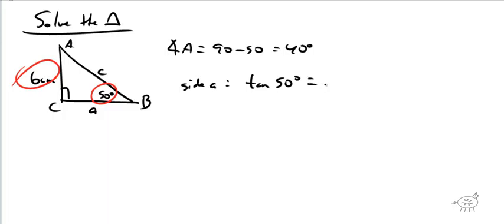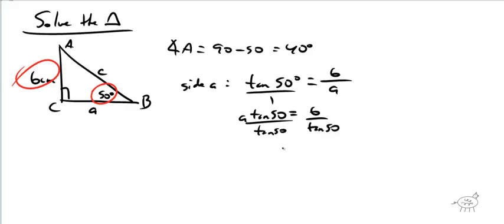So tangent of 50 equals 6 over A. Then we cross multiply and we get A equals 6 divided by tangent of 50.